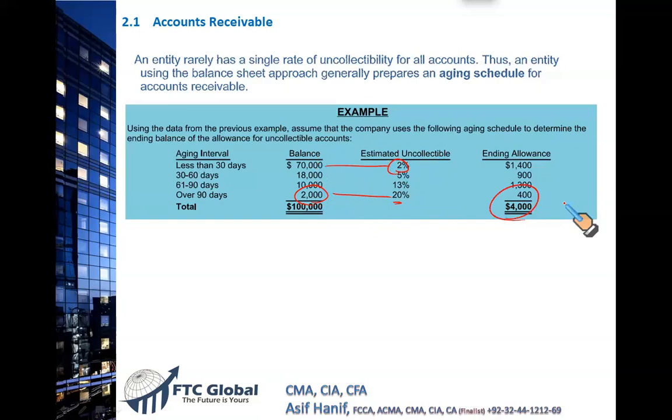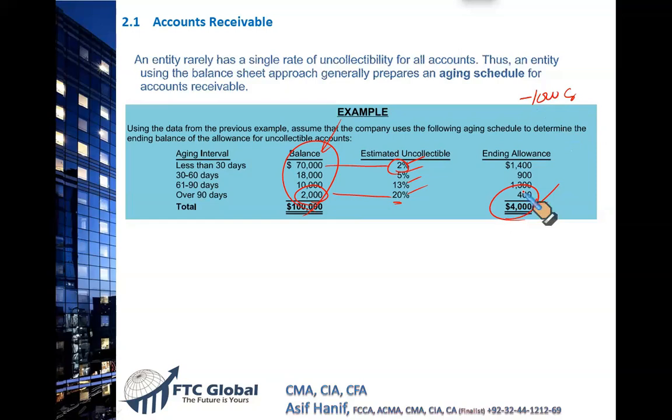You will follow the same approach. Again, gentlemen, this is the balance sheet approach. Why? Because I am using my account receivable balances and I am applying differing percentages based upon the different ages of the account receivable. So I need $4,000 as my balance of allowance. Under the balance sheet approach, we compare it with the existing balance available, credit balance.